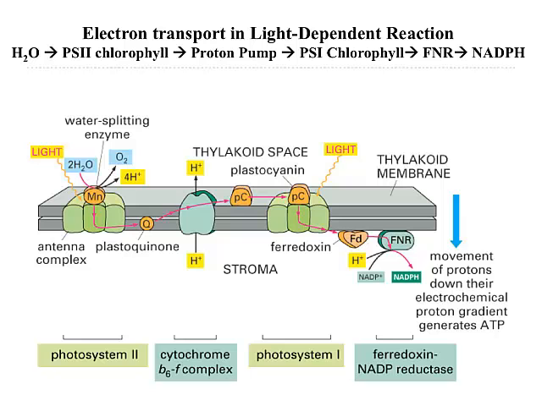So there are two things happening in the light-dependent reaction. There are two important energy-rich products, the electron carrier NADPH and the energy currency of the cell, ATP, that are synthesized during the light-dependent reactions.